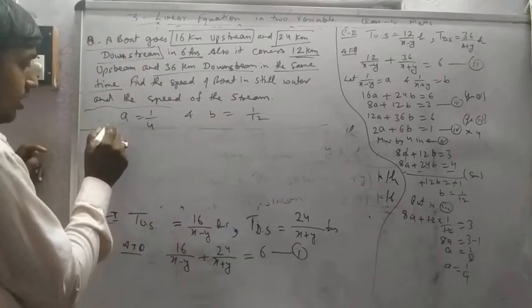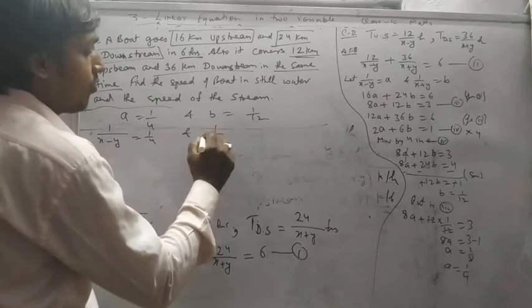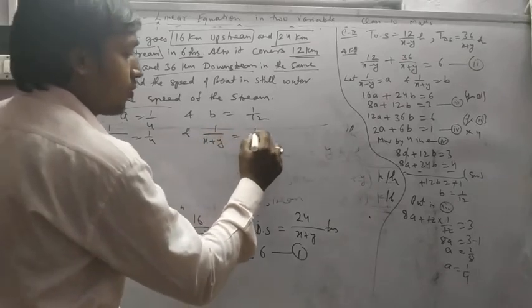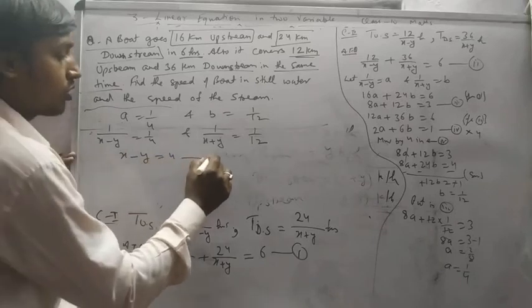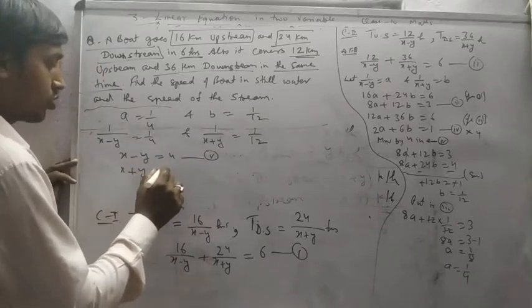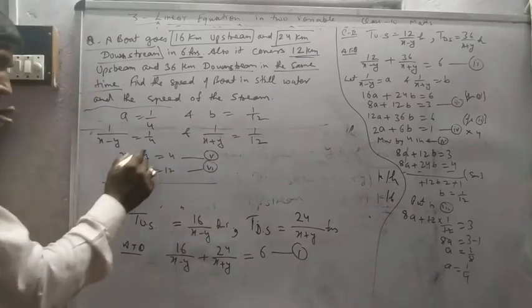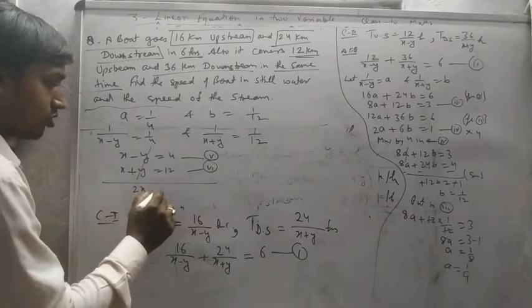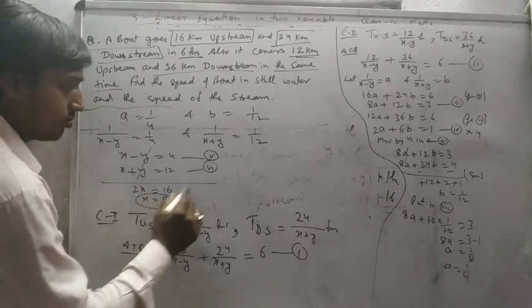What is a? 1 upon x minus y is equal to 1 upon 4. 1 upon x plus y is equal to 1 upon 12. So x minus y is equal to 4, equation number 5th. And x plus y is equal to 12, equation number 6. Now solve this. Cancel out. 2x is equal to 16, x is equal to 8.